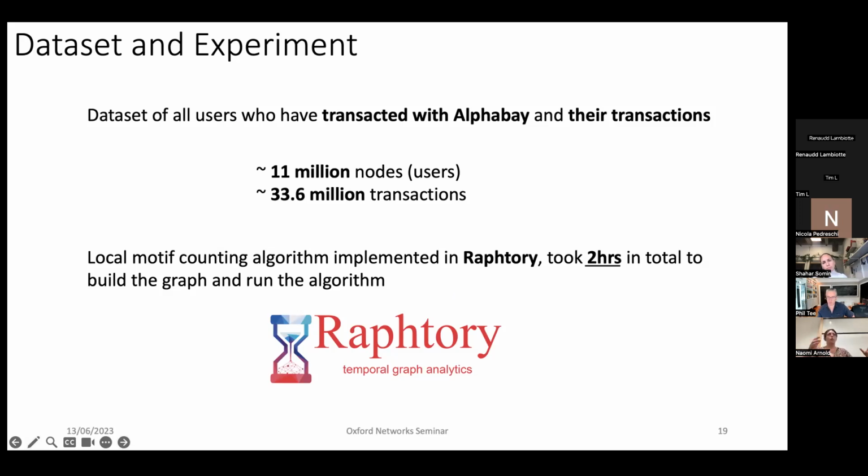This data set was prepared so that if there were different wallets who were all believed to be the same person, these had been merged together beforehand. Altogether, this is about 11 million nodes or users and 33 million transactions, and was all implemented in Raphtory. And we're going to look at the local motifs, so the motifs that each node participates in, as well as global ones.